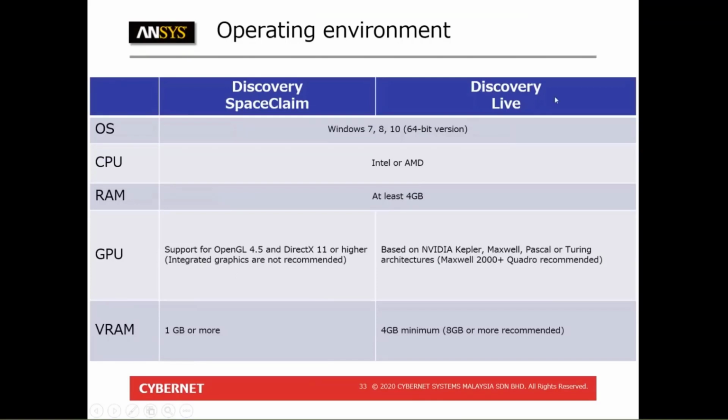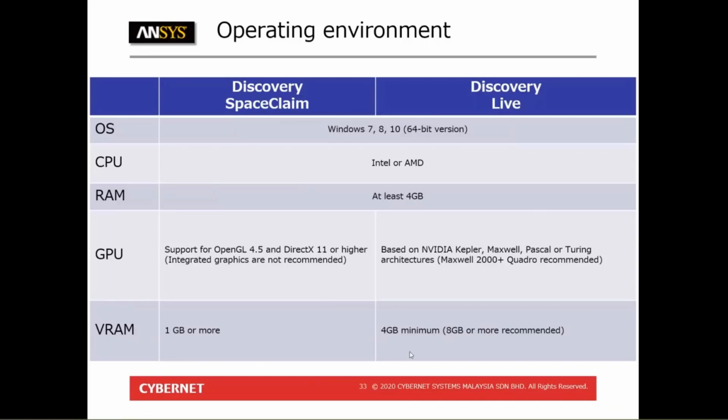But for Discovery Live, you need to have an NVIDIA graphics card. You cannot use any other type of graphics card on your machine, otherwise you cannot run Discovery Live. You need to specifically have an NVIDIA graphics card.